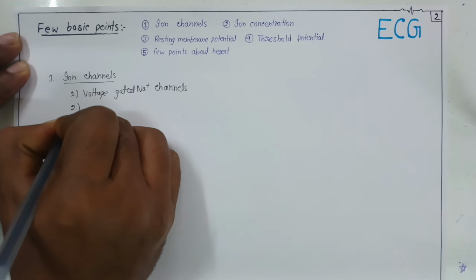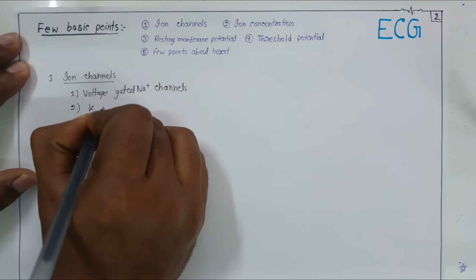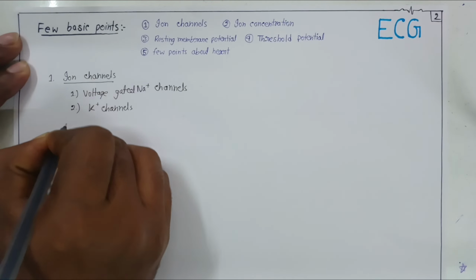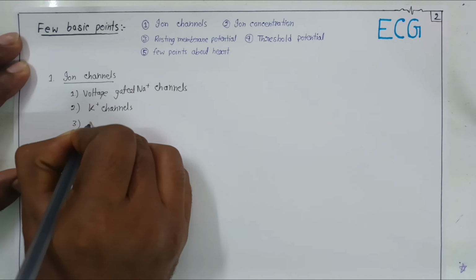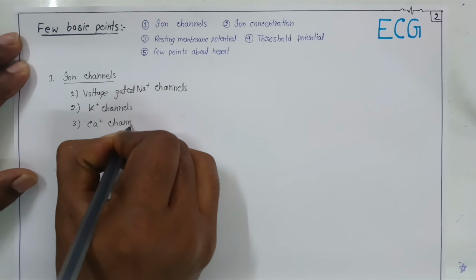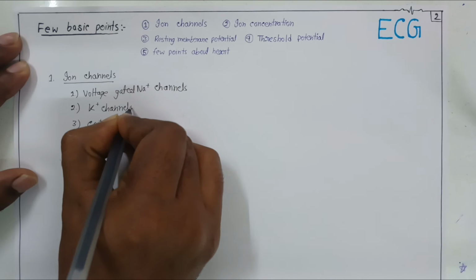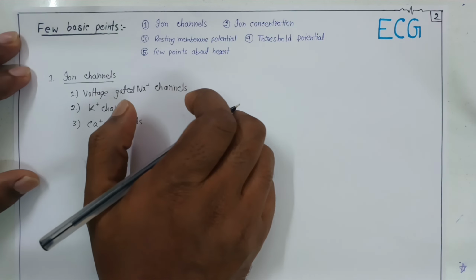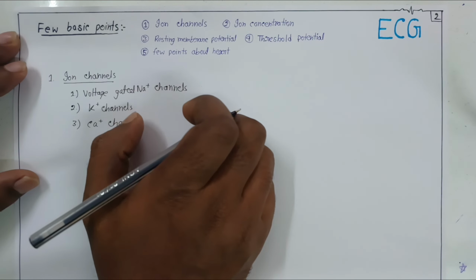Number 2, potassium channels. And number 3, calcium channels. Okay, so these ion channels we must know to understand the ECG.